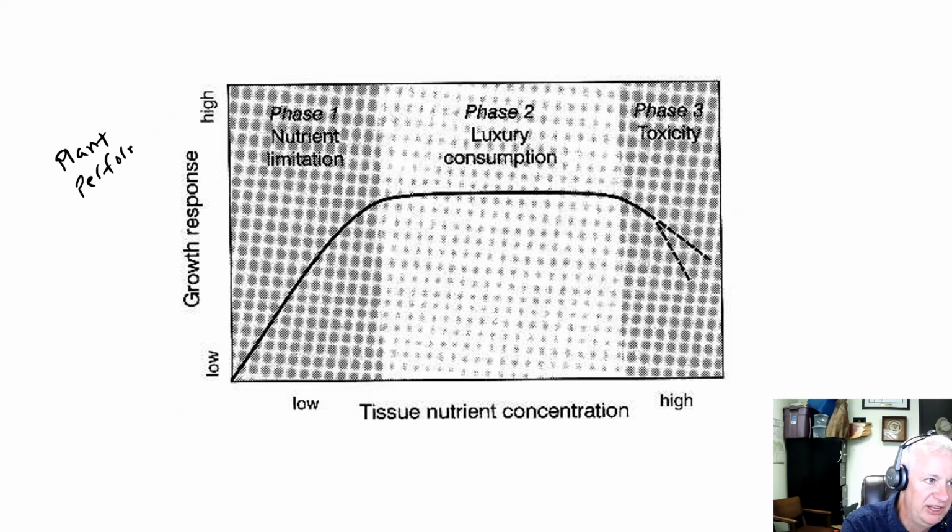This could be photosynthesis rate, resistance to disease, any of a number of measures of plant performance, but growth is a good one. And how it responds to variation in this case, labeled as tissue nutrient concentration. You could also just think about this as nutrient availability in soil.